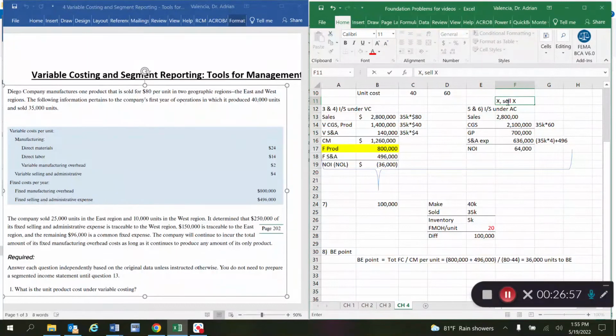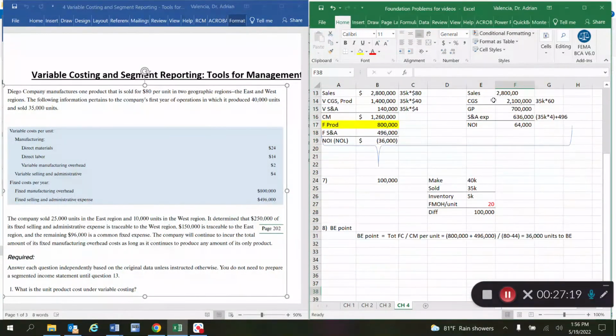But most of the time companies are producing some amount different than X and selling X. So that's where we need to, as managers, understand the pros and cons of absorption costing. And clearly this is one of those things, not bad things, but just things that as managers we need to be aware of, okay?